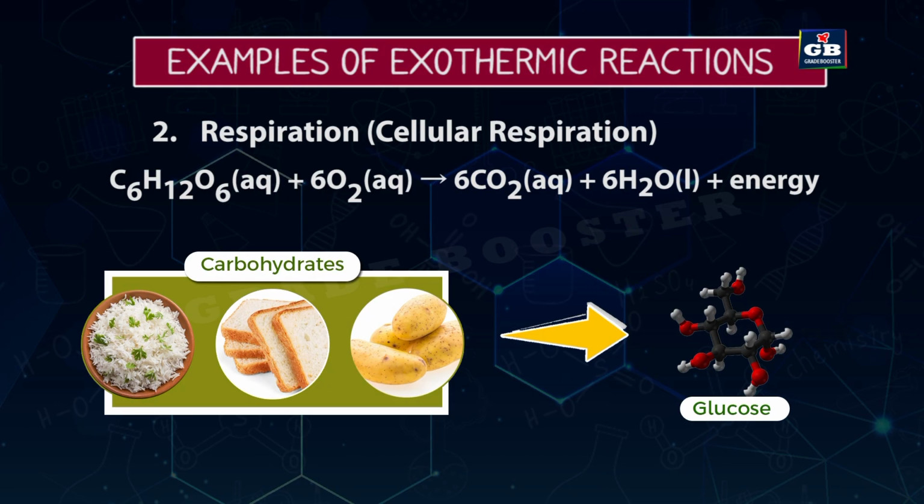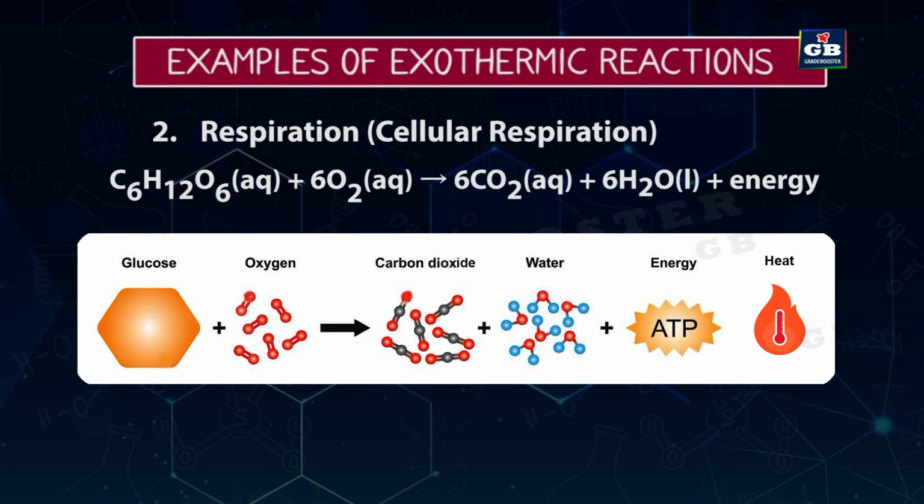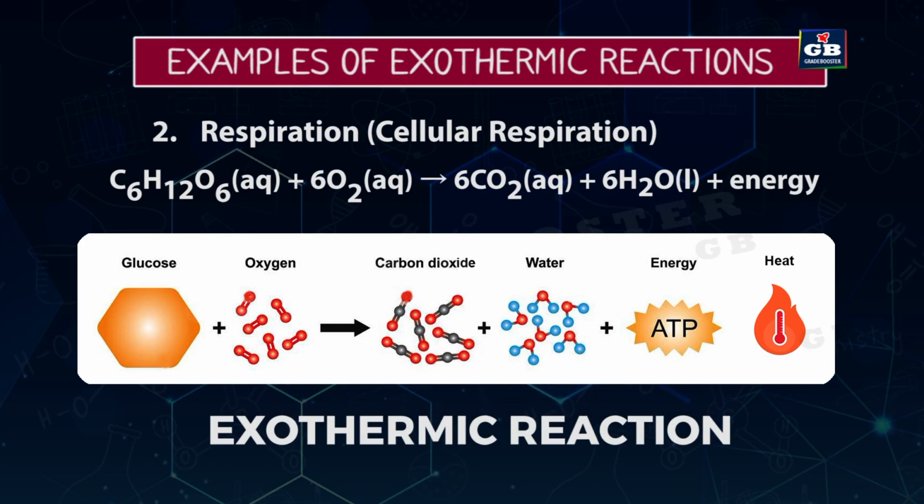These carbohydrates get broken down into glucose, that is C6H12O6. This glucose reacts with oxygen in our body cells. In this reaction, it produces carbon dioxide, water, and releases energy needed for our survival. From the energy released, some part of the energy is converted to heat. Since heat is released, respiration is considered an exothermic process.